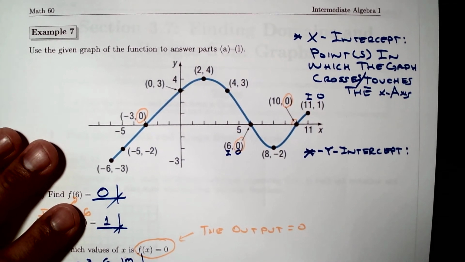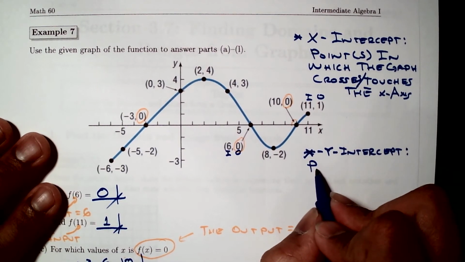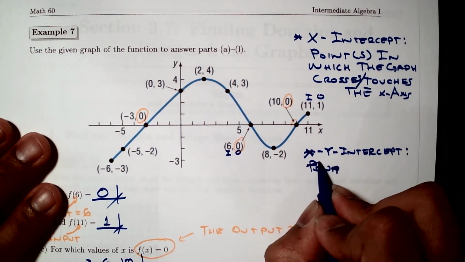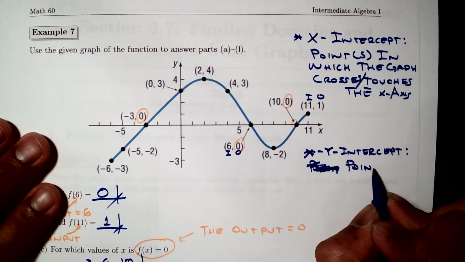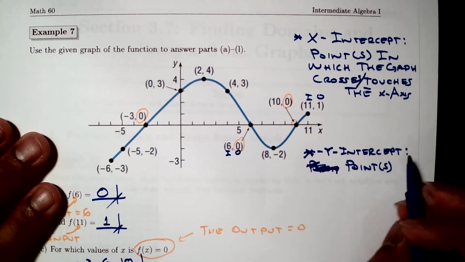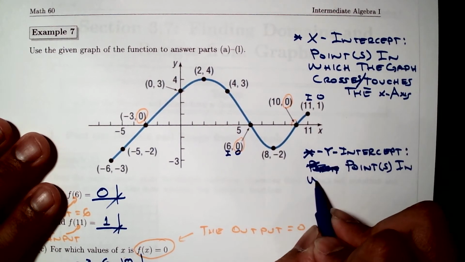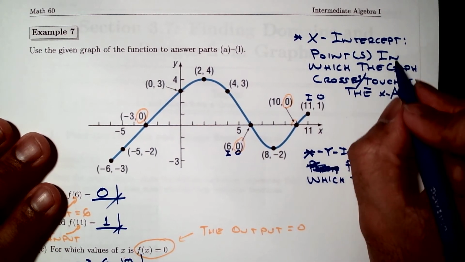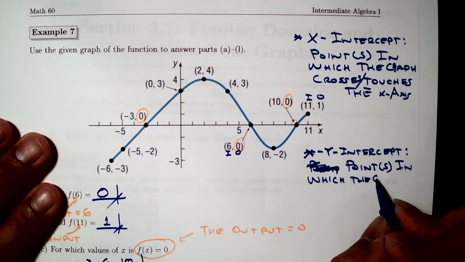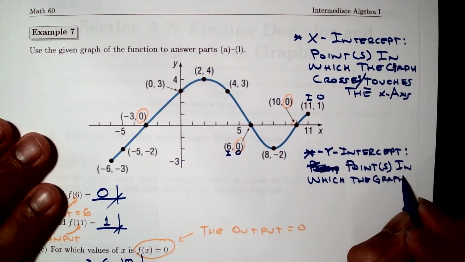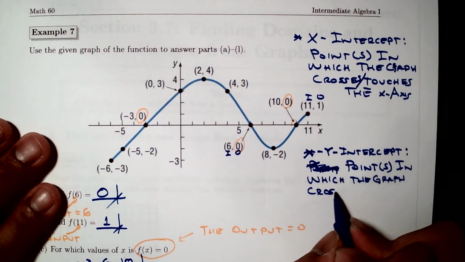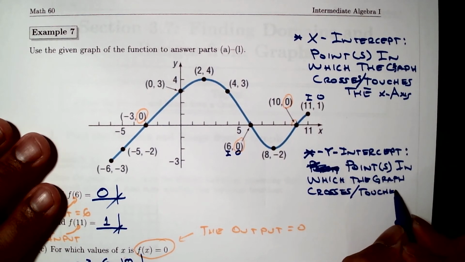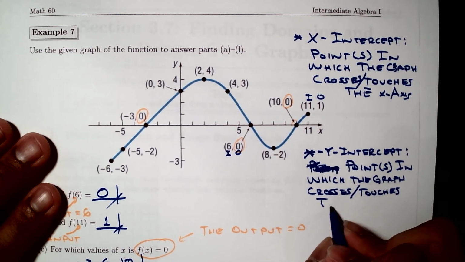The y-intercept is the point or points in which the graph crosses or touches, in this case, the y-axis.